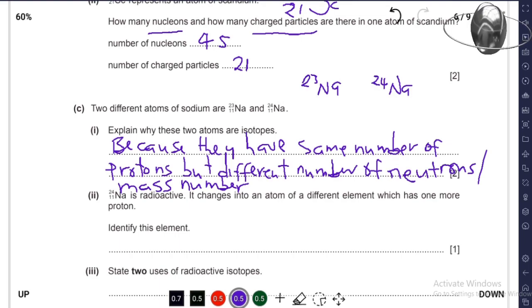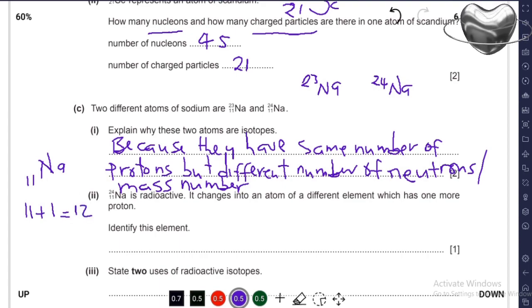So, since sodium is going to have the atomic number of 11, 11 plus 1 will come to 12. Now, going to the periodic table, we'll find that the number of protons of magnesium is 12. So this one becomes magnesium.